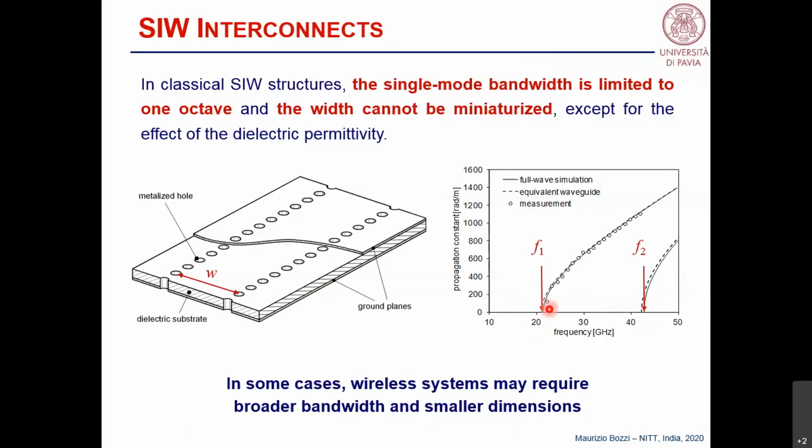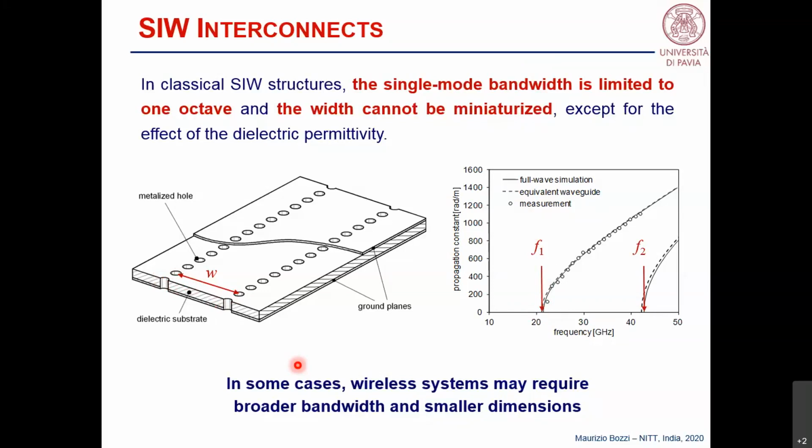But the other big issue is that if you want to set your cutoff frequency of the fundamental mode at a certain frequency, for a given substrate, for a given electric permittivity, you set the width of the waveguide. So there is no way to reduce the size and keep the cutoff frequency at a certain value.